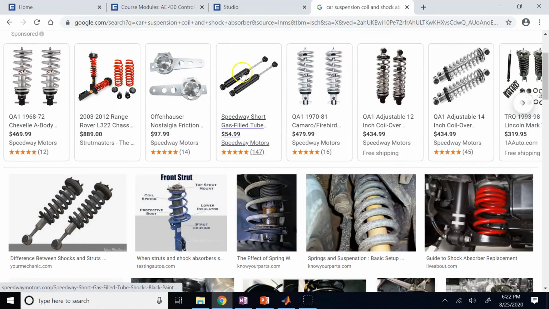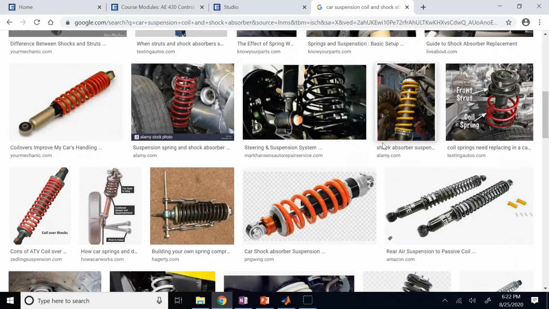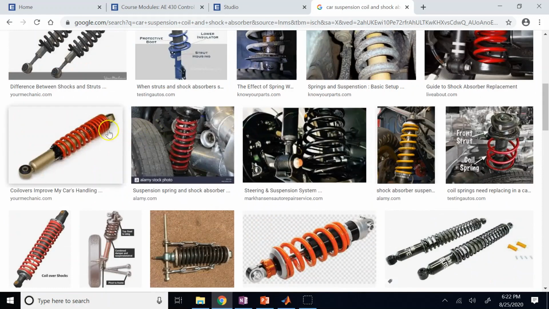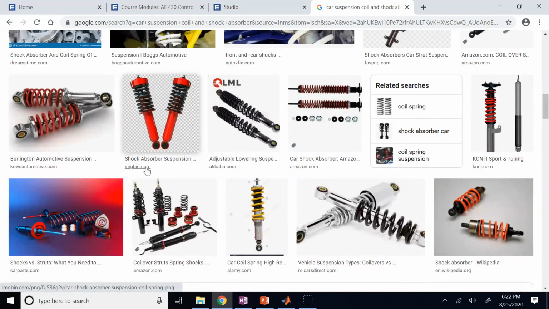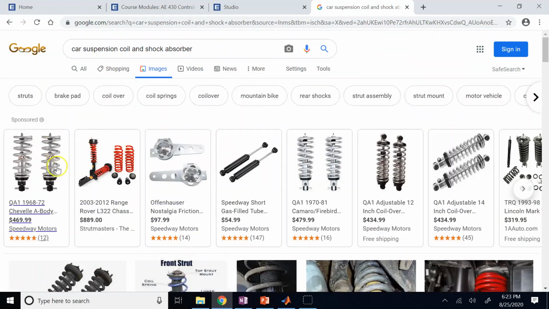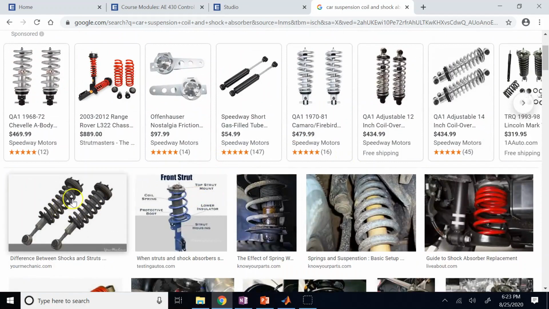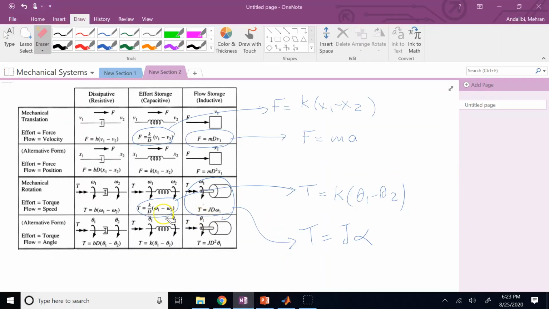As you can see, there is the cylinder in which there is fluid, and that will eat out the vibration and waste it. That's called the shock. And then the spring is around it, which gives the system a restoring force to go back. So this combination that you see in suspension is a coil, and inside it is the shock absorber.